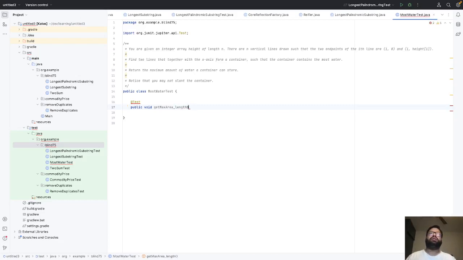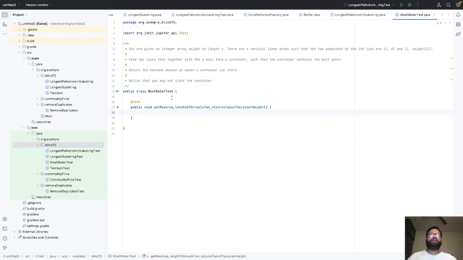Length of array is 2, returns twice the lesser height. Right? This kind of helps you think about the problem as it grows.